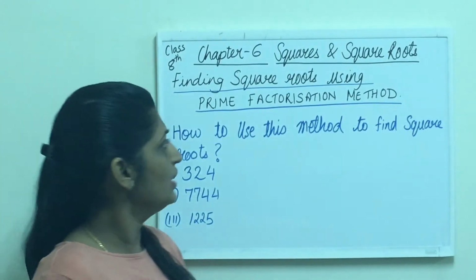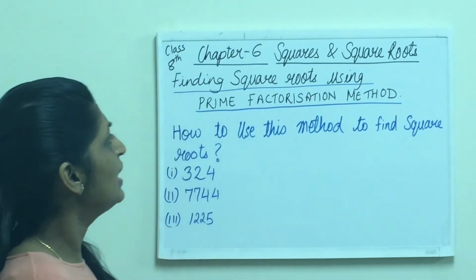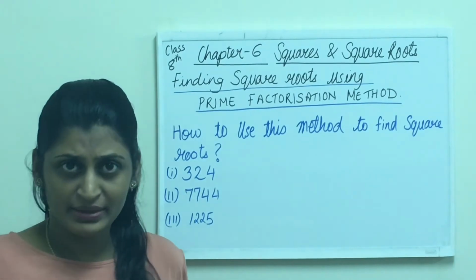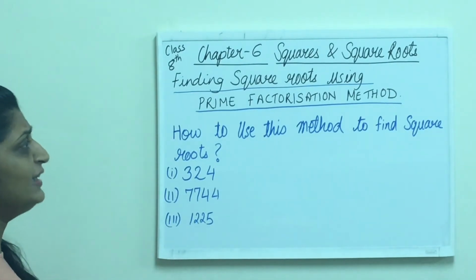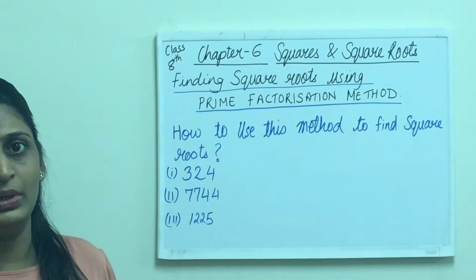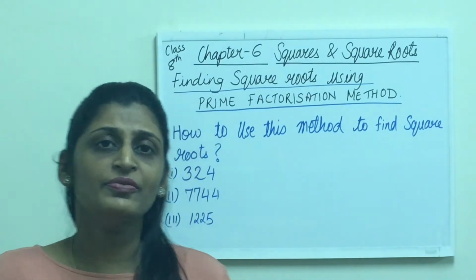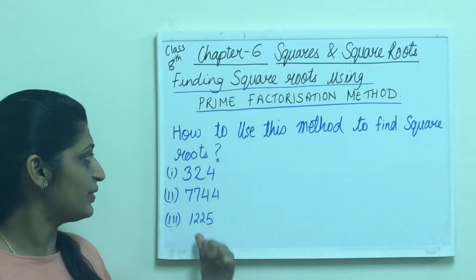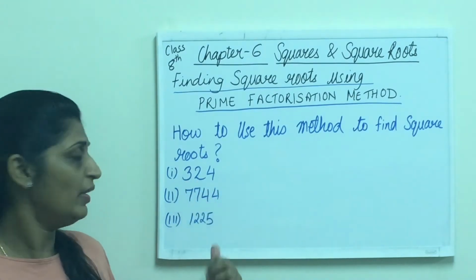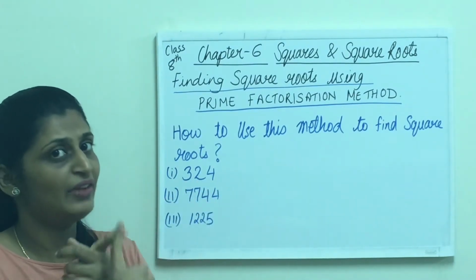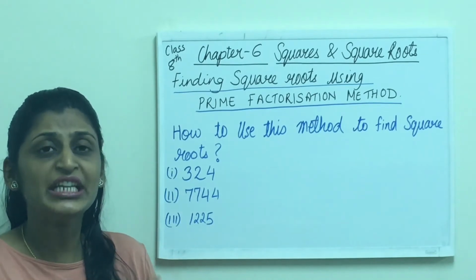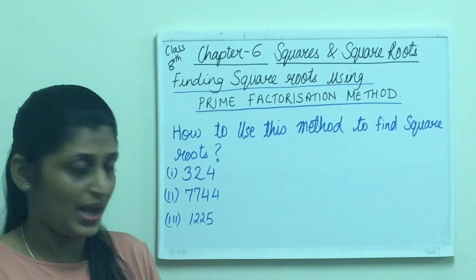Now we will learn how we can use the prime factorization method to find the square root of a given number. To make it clearer, I have taken 3 questions, 3 parts, to solve. The first is 324. I'll find its prime factorization and teach you how to find its square root.